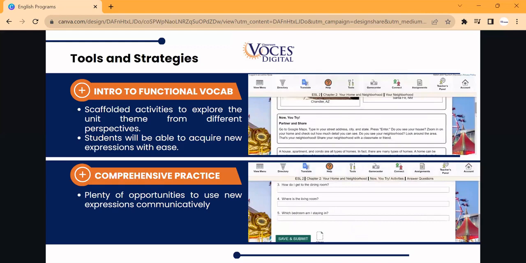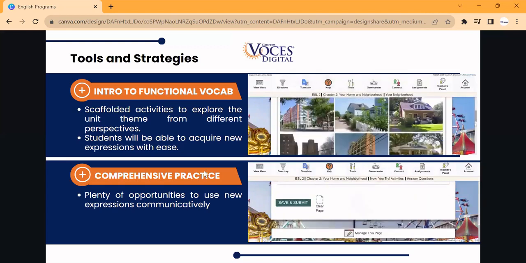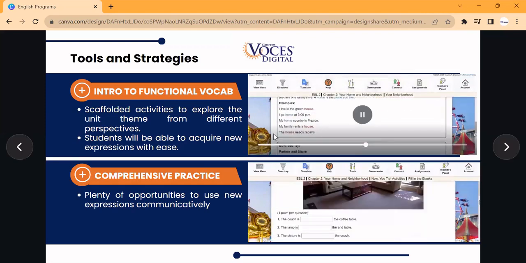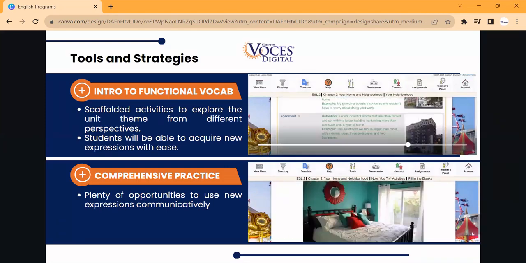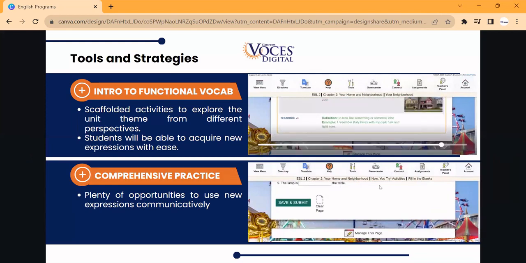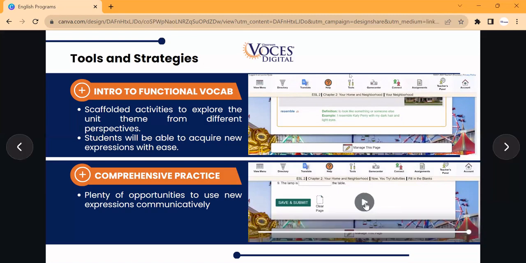You will see, for example, the neighborhood on this one, on the upper one. Students will also be able to acquire new expressions easily because the activities are scaffolded. You have definitions and examples on how to use these expressions in context. And you also have comprehensive practice to use the new expressions communicatively, as presented on this one.